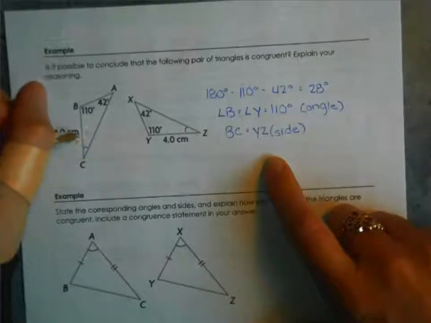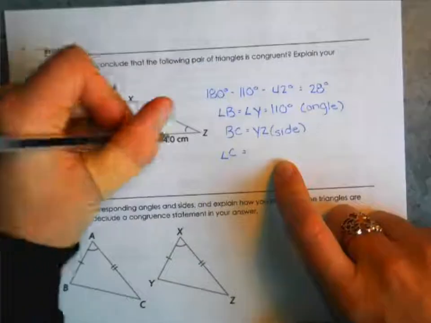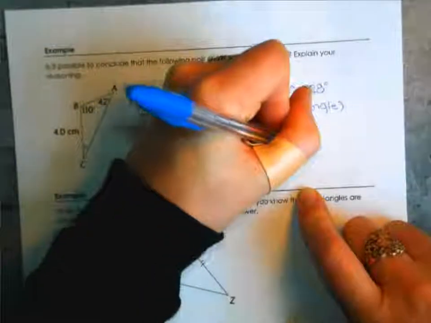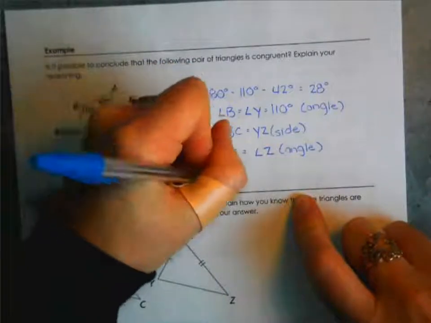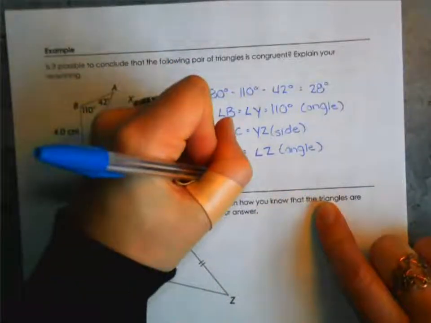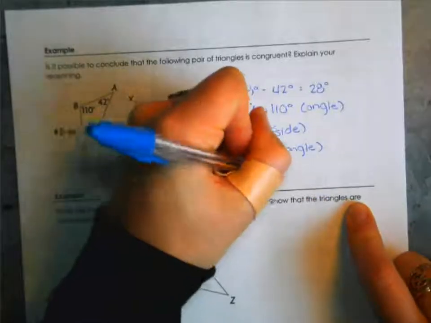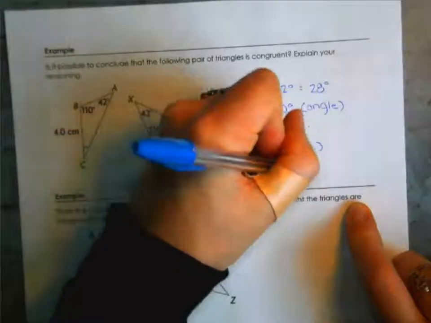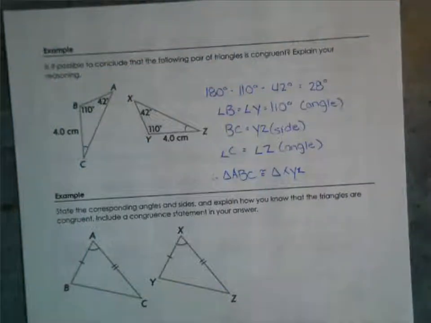Okay, and then last of all here we have angle C is equal to angle Z, which is an angle argument. And so we can say, therefore, triangle, again, we have the same type of triangle. Triangle ABC is congruent to triangle XYZ. Oops, it's kind of a messy Z there, but you get the point.